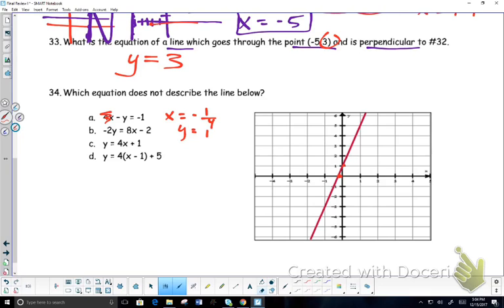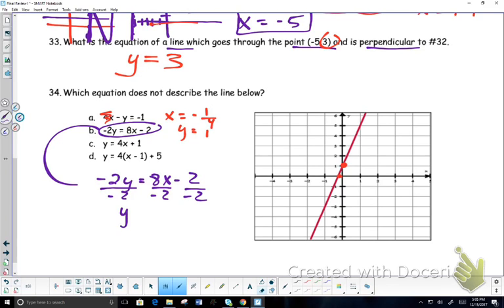Well, y equals 1, so that one looks pretty good to me. I didn't go any further than that, but that looks pretty good. So then let's try another. This one right here looks a little weird, so why don't you just go ahead and divide. You got negative 2y equals 8x minus 2. Why don't we just divide it all by negative 2? I get y equals negative 4x plus 1.